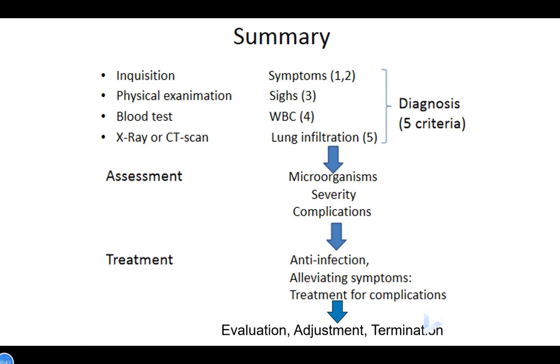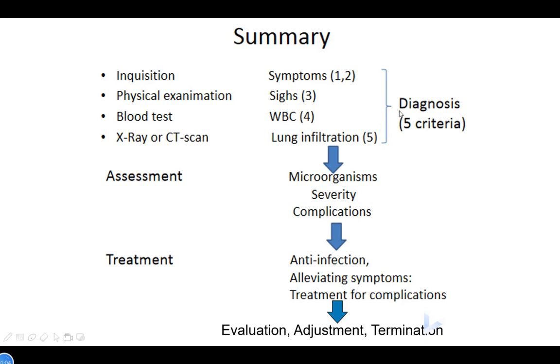And next, we can arrange some auxiliary examinations for this patient to confirm our initial suspected diagnosis. That is the test of the white blood cell count and the radiologic examinations.